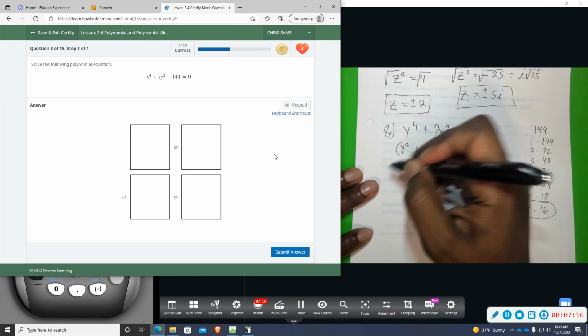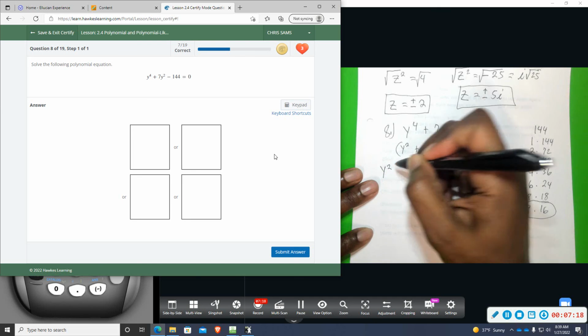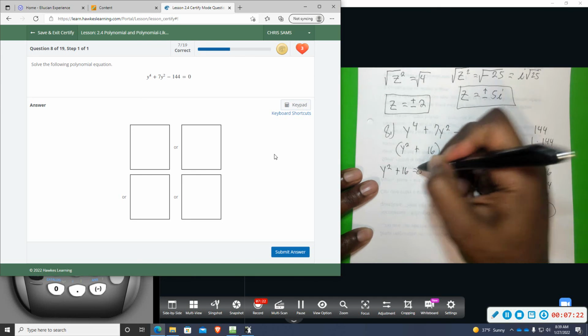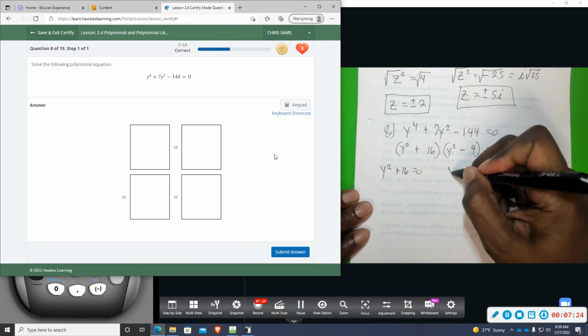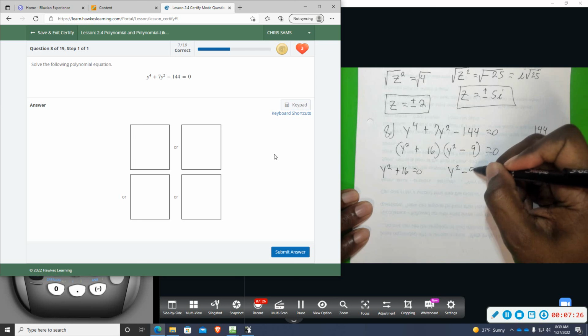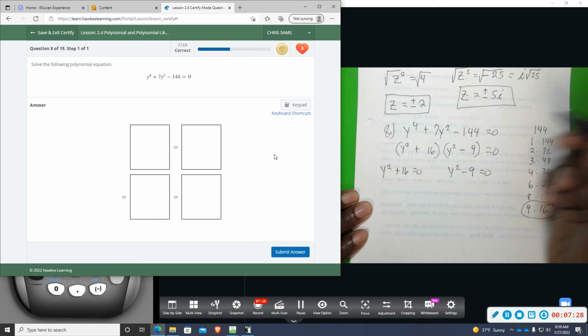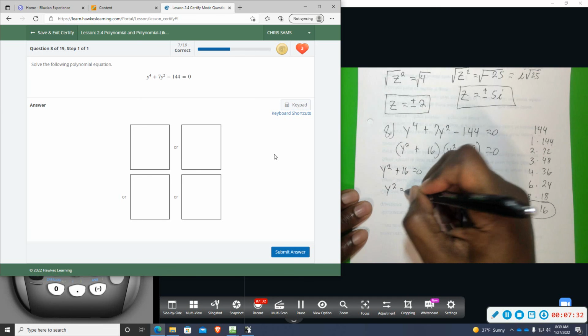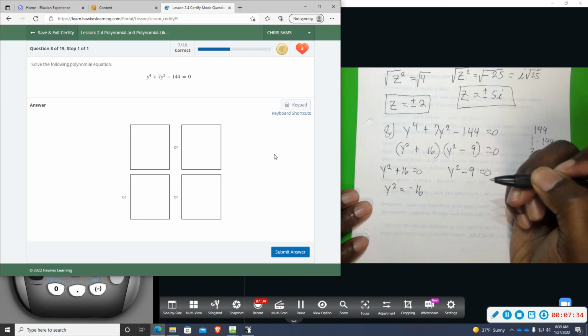Alright, so we're going to set them equal to 0. Y squared plus 16 equals 0, and then y squared minus 9 equals 0. Subtract 16, this is going to give me y squared equals negative 16.